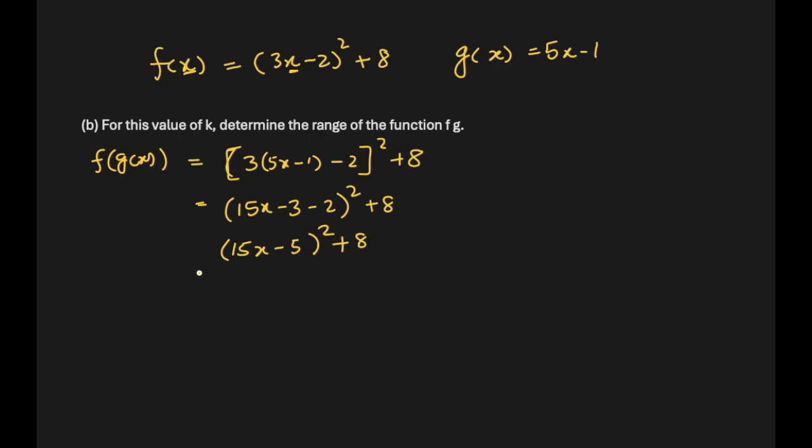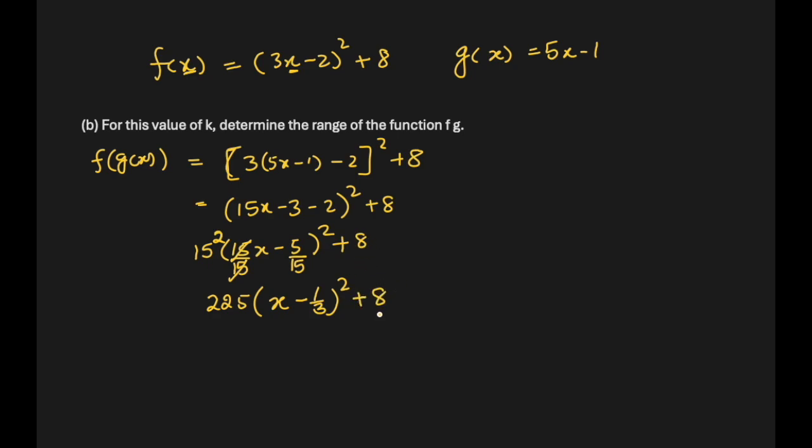And now again we have to get rid of this 15. So we will divide here by 15, but outside we will have to multiply by 15 squared. So 15 and 15 cancel out, and we get 225 times (x minus 1/3) squared plus 8.